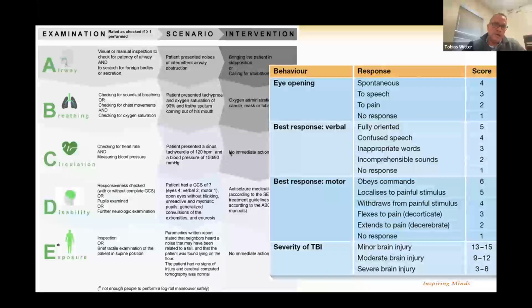When we then assess the patient in our trauma bay, as was done by the team in the video, we follow the ABCDE sequence. We talk about airway, breathing issues, circulation problems, disability. So what's the neurostatus, and there we come back to our GCS scale as is shown here. And then lastly, exposure.